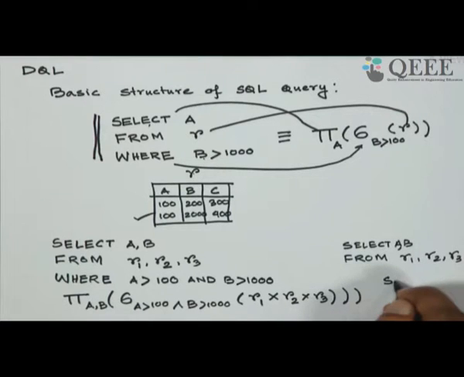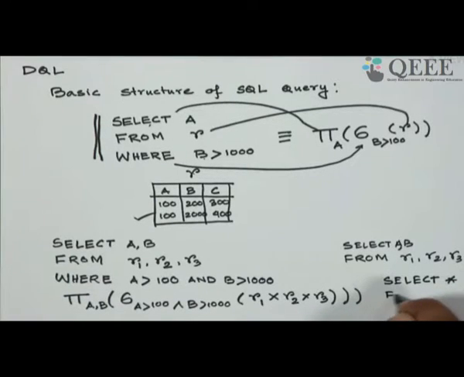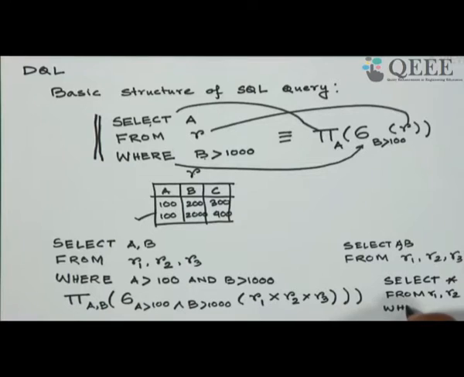Similarly, you can have this, so it will pick up all tuples of R1 cross R2 for which A is greater than 1000, and this star in select means it will not project, it will keep intact all the attributes of R1 cross R2.